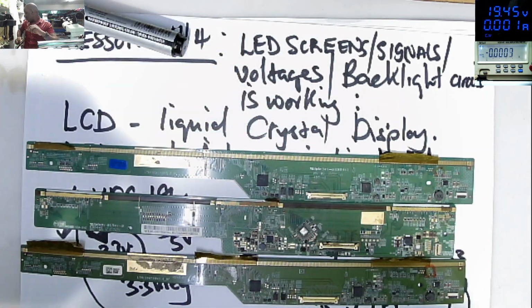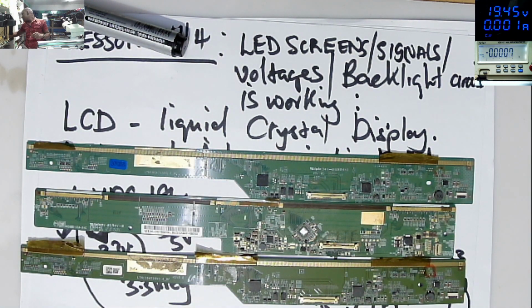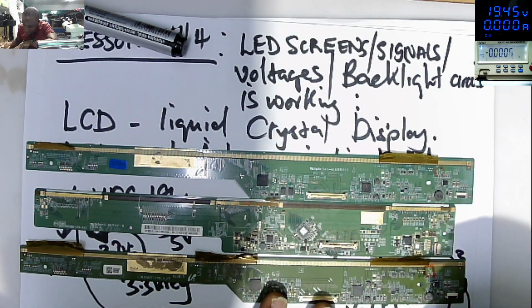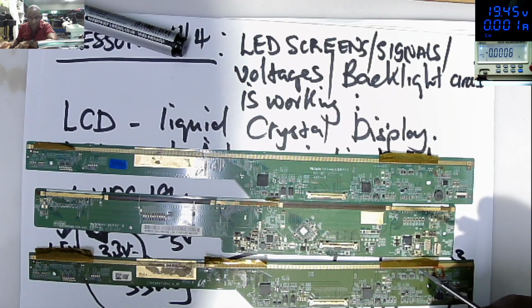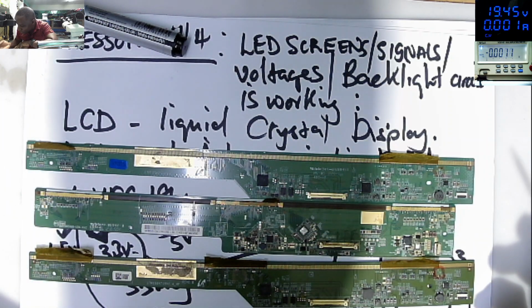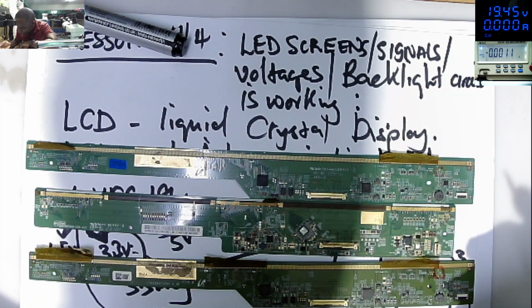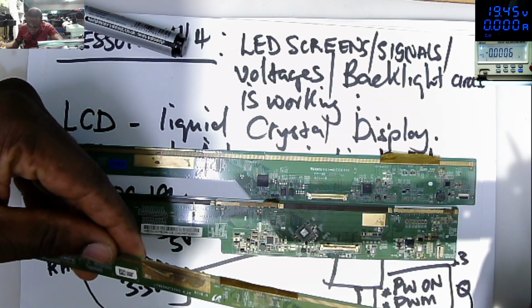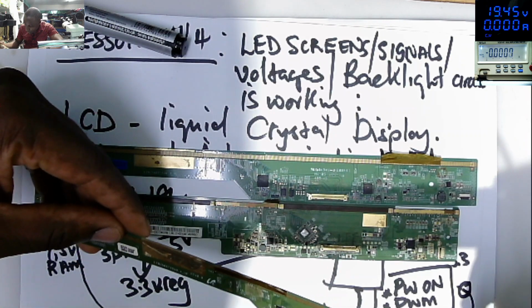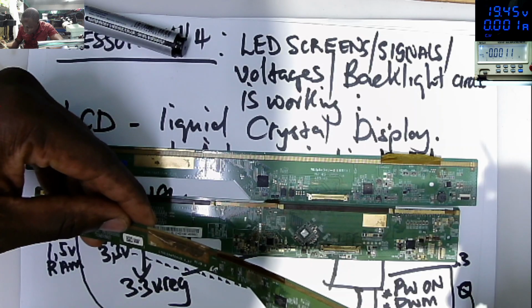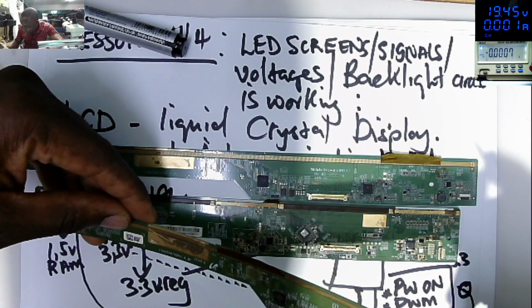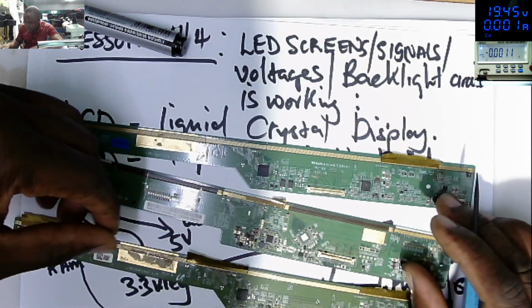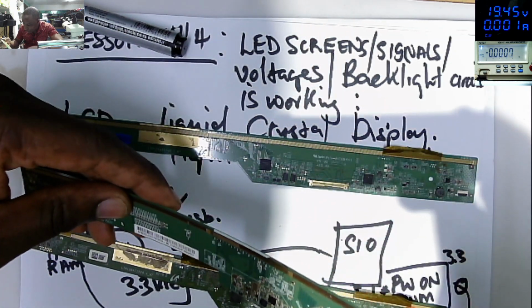So we want to try to identify those, like the fuse and those test points. That's very important to identify those items.